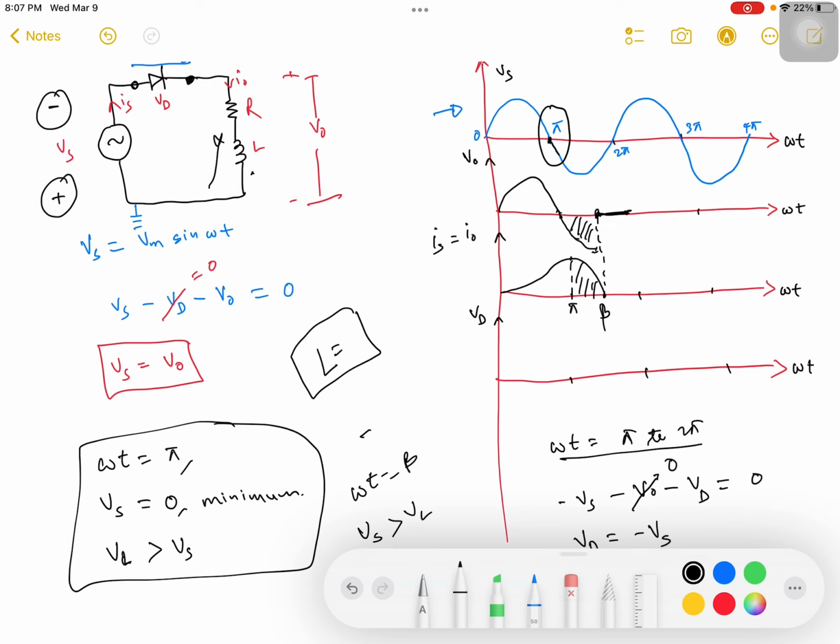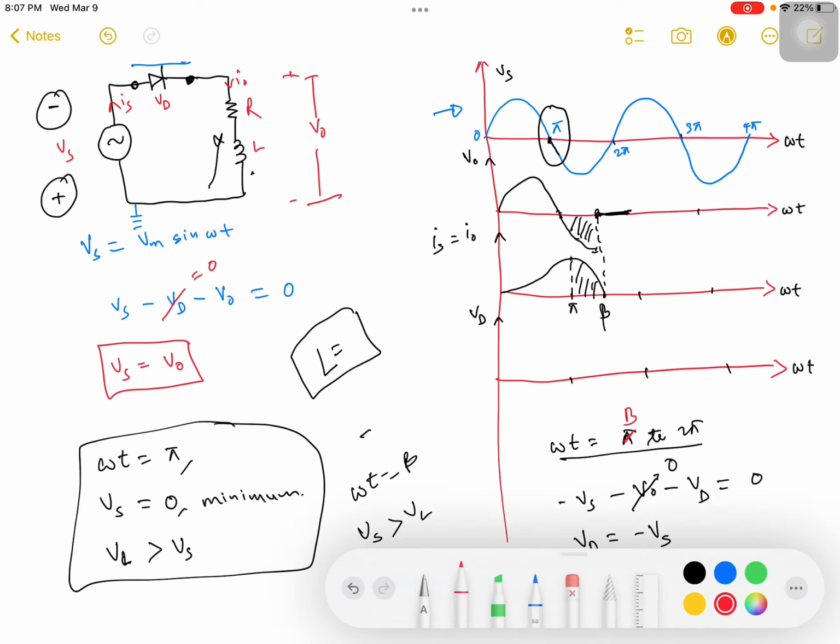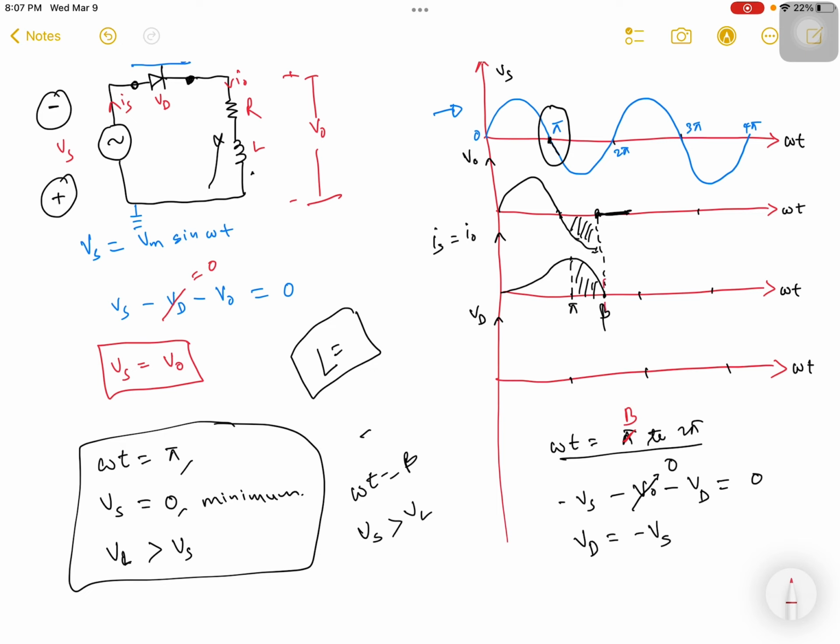So at this point, sorry, it's not pi, here this is from beta, so from beta to 2 pi our voltage across the diode will be minus Vs. So this area is the voltage across the diode, and during that time our output voltage across the load, this VO, will be equal to 0, and our current will also be equal to 0.